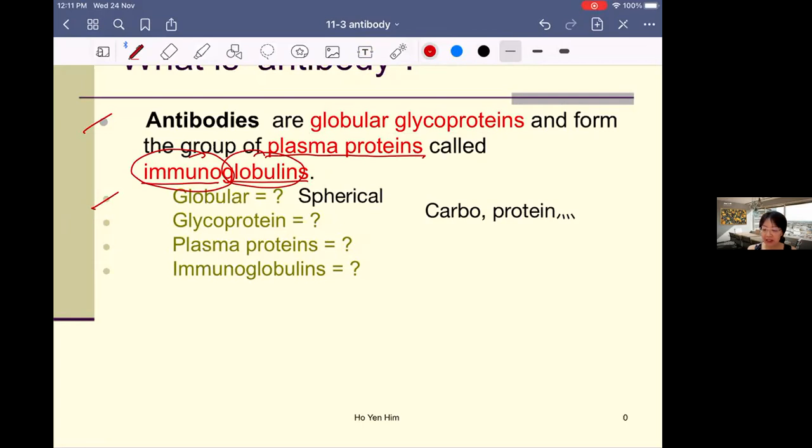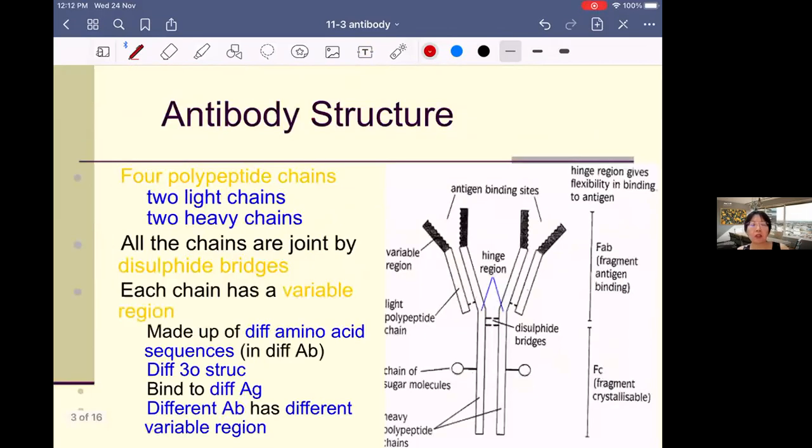Right, next. So let us look at the structure of antibody. Antibody is a glycoprotein, right? So let's look at the protein part. The protein part is made of 4 polypeptide chains, as you can see here. 1, 2, 3, 4.